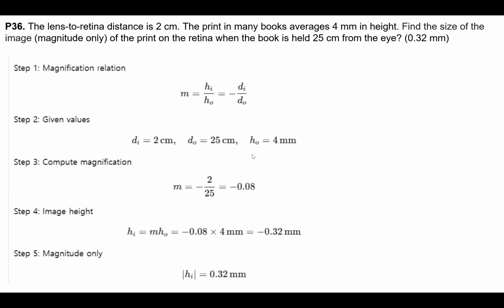Once you know the image distance and the object distance, you can find the magnification from DI and DO. And then M is given. And from the image height, M is given by this one. Then magnitude only, we have this. So that's the height on our retina.